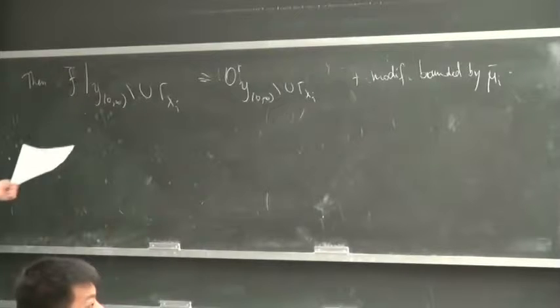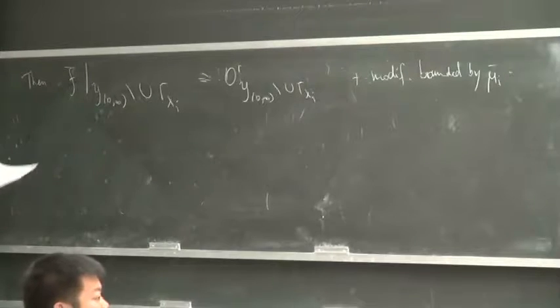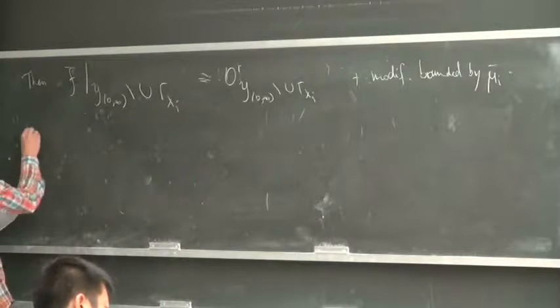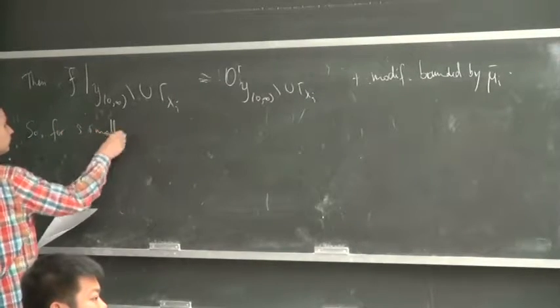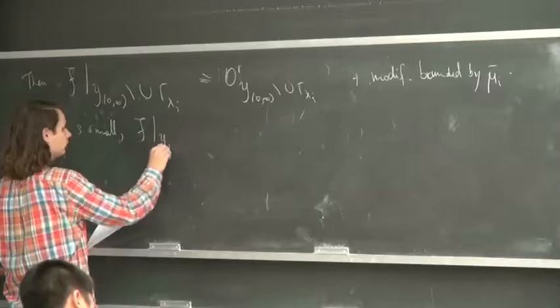And so, in particular, near 0, they are again isomorphic. So for s small, F restricted to s is trivial.